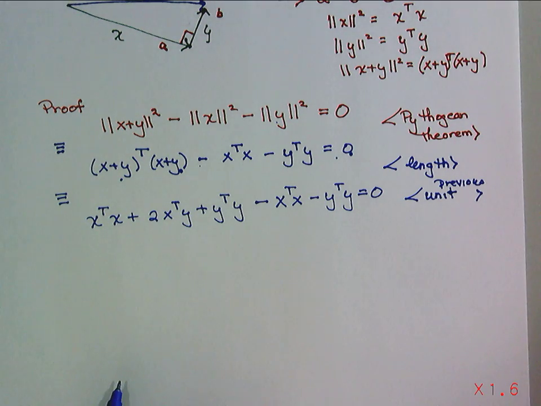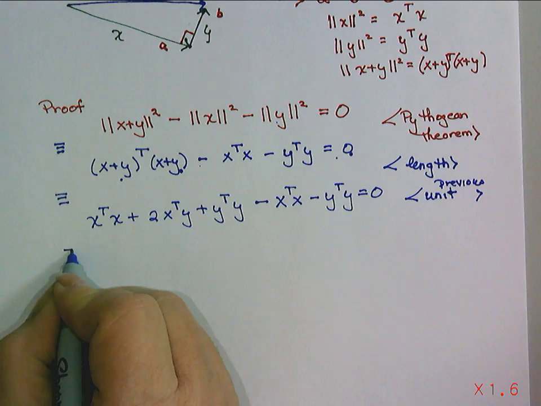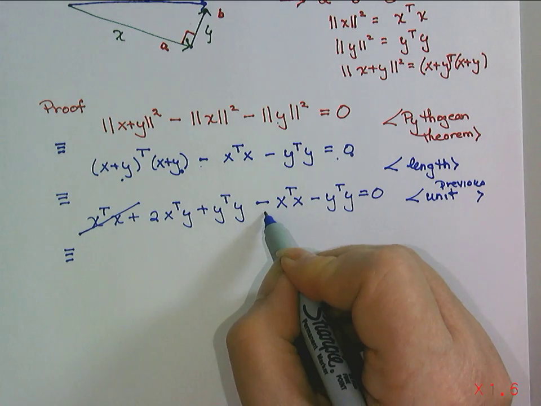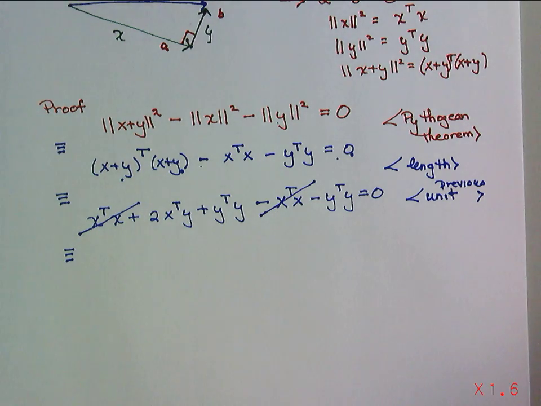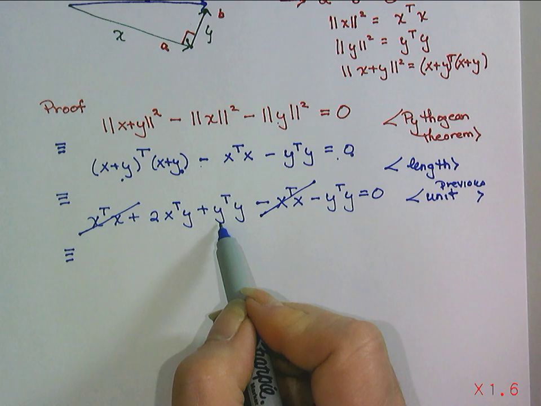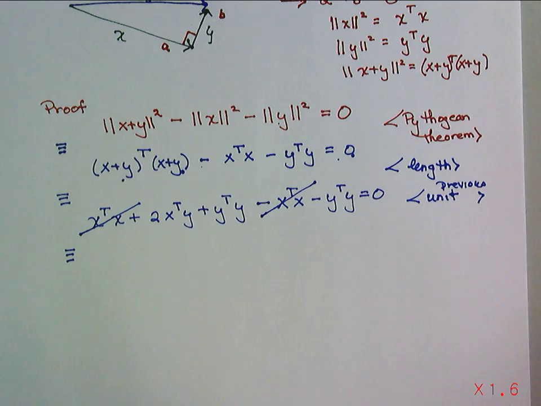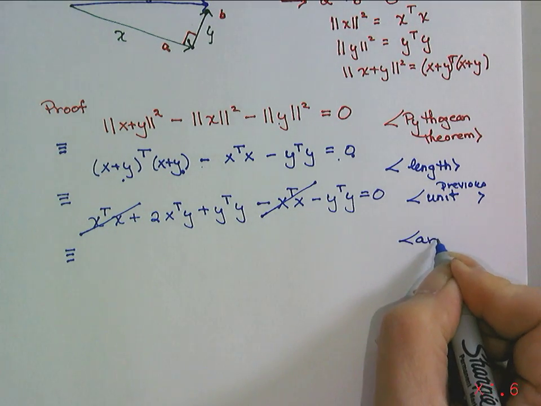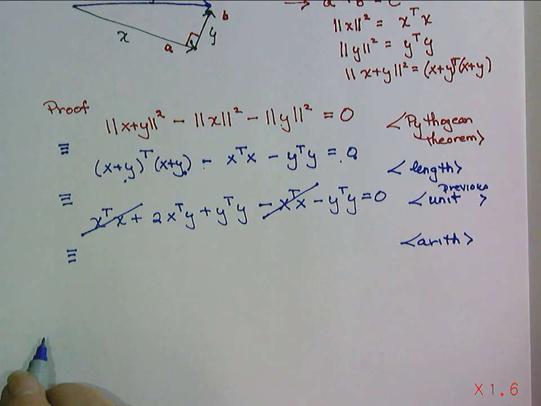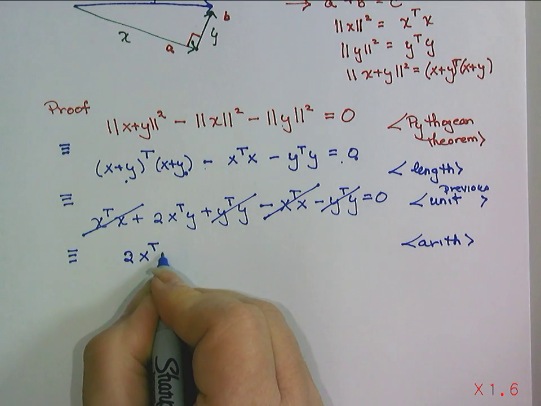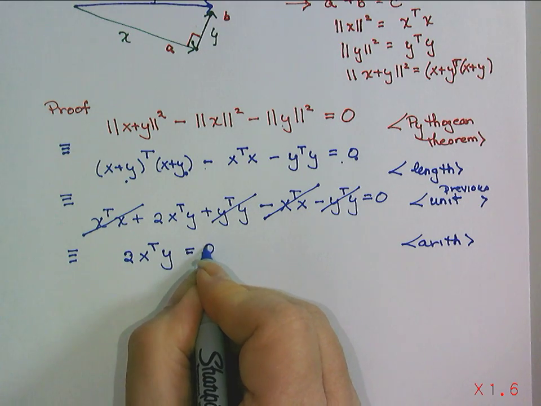Now, if I do some arithmetic here, what I end up with is, well, let's see, we have the dot product of x with x as one term, and over here is another term where we're supposed to subtract. And we have the dot product of y with itself minus the dot product of y with itself. Those two will be 0. When we perform some arithmetic, because remember each one of these terms is just a real number, we end up simplifying the expression to 2 times the dot product of x with y must be 0.